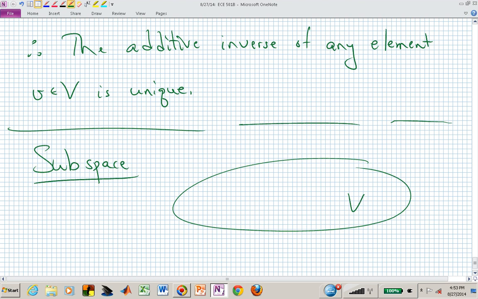There's our vector space, V. There's our subspace U. And that looks like a set with a subset. So we now need to make sure that U is more than just a subset. It has to now have the properties of a vector space to be a subspace.